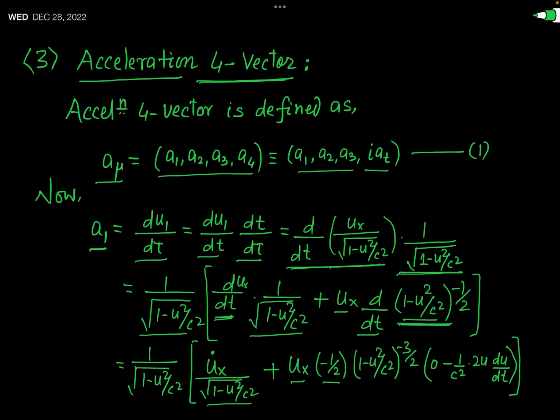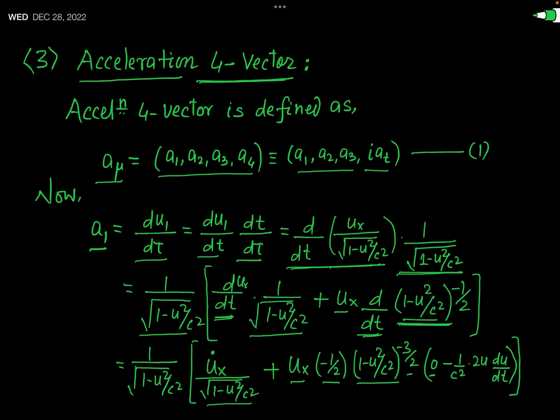That will be minus 1 by 2 times 1 minus u square by c square to the power minus half minus 1. Minus half minus 1 will be minus 3 by 2. Okay. Now, this 1 minus u square by c square will be differentiated with respect to t. As you know, 1 is a constant, so its derivative will be 0.